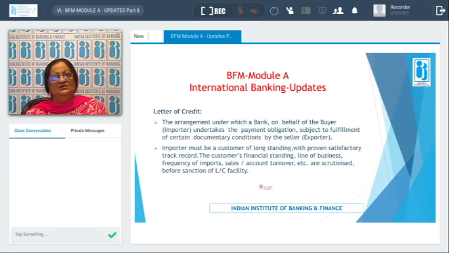So let us start the updates, part 2, and we'll start with chapter 4 in the book, that is letter of credit. Now, what is a letter of credit? If we see the definition, it is an arrangement under which a bank, on behalf of the buyer, that is the importer, since we are discussing international business, that is the importer's bank, undertakes the payment obligation subject to fulfillment of certain documentary conditions by the exporter.